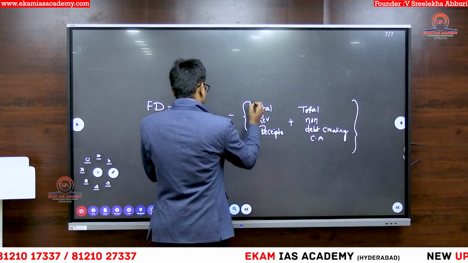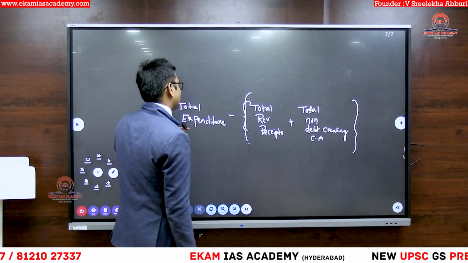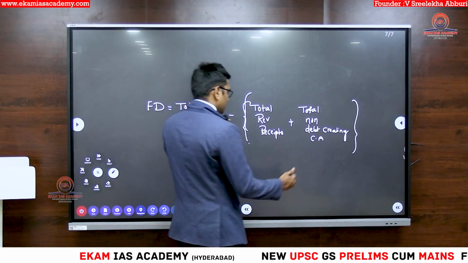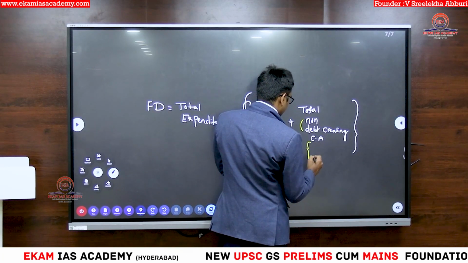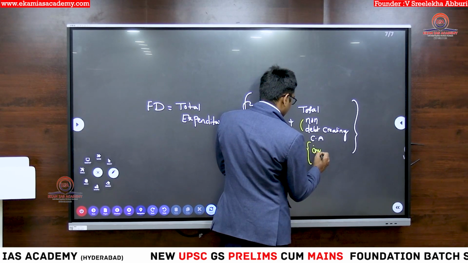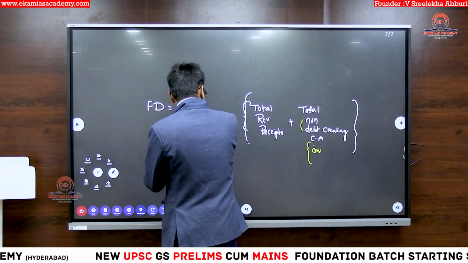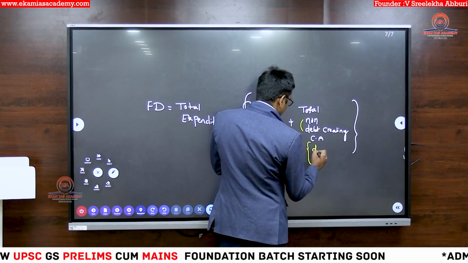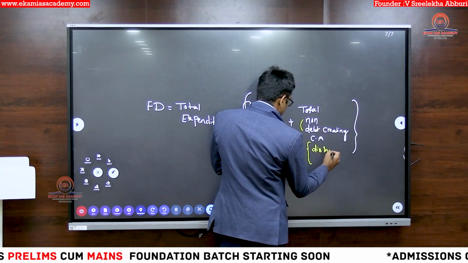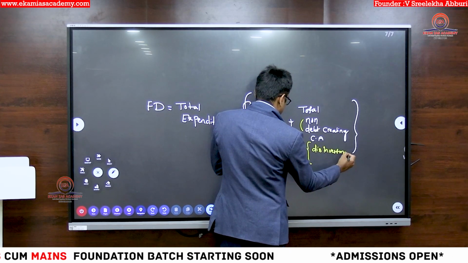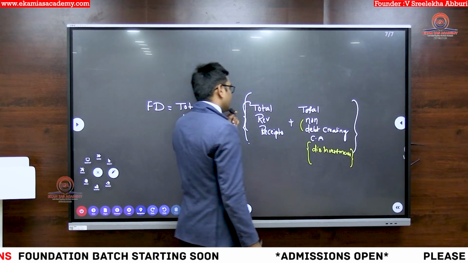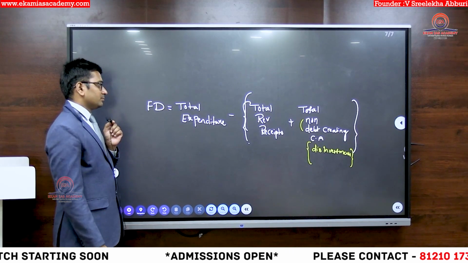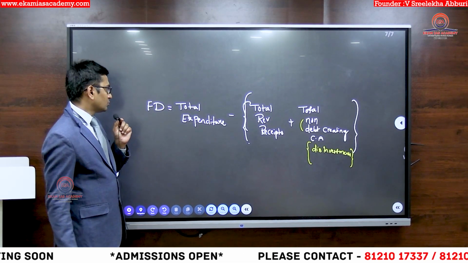In brackets, non-debt creating capital assets are disinvestments made by government. So this is fiscal deficit.